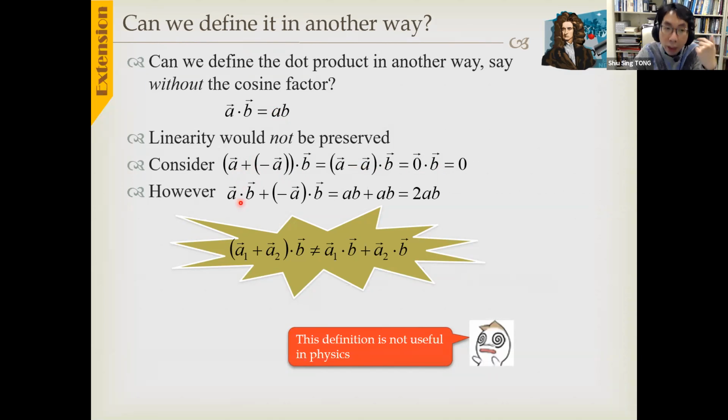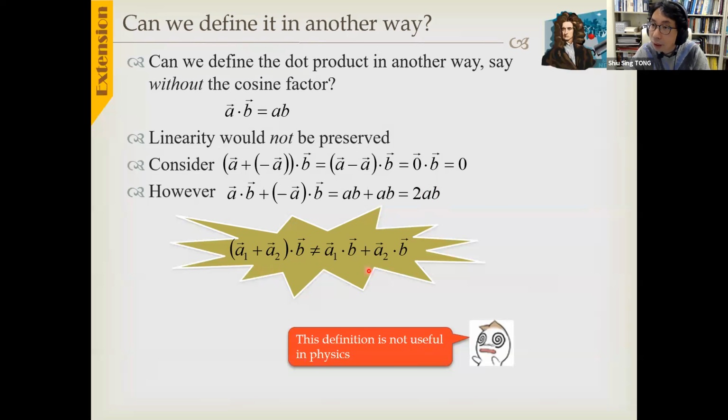However, if I distribute the vector B onto each of these vectors, I have A dot B plus minus A dot B. But since you are defining the dot product without the cosine, both A dot B and minus A dot B give you the same AB. So minus A dot B still gives you AB because you are defining it with the product of the magnitudes only. So I get 2AB, right?